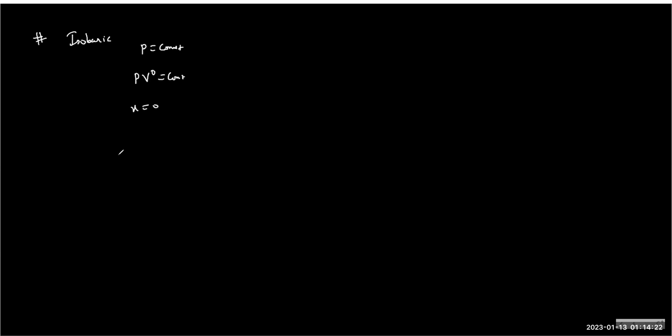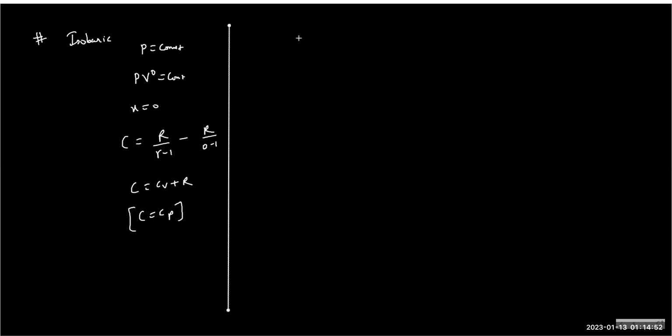So x is 0, isn't it? So C will be R upon gamma minus 1 minus R upon 0 minus 1. Basically, it is Cv plus R. Basically, it is Cp. That's the answer. For isobaric, it is Cp. That's a proof.